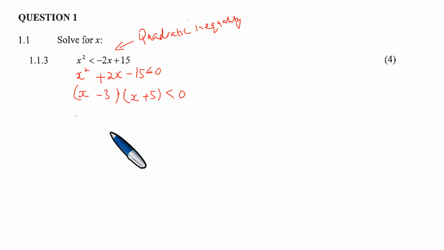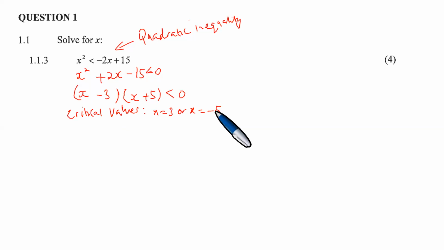There are two things we call the critical values. What are the critical values? The x equals 3 or x equals minus 5.